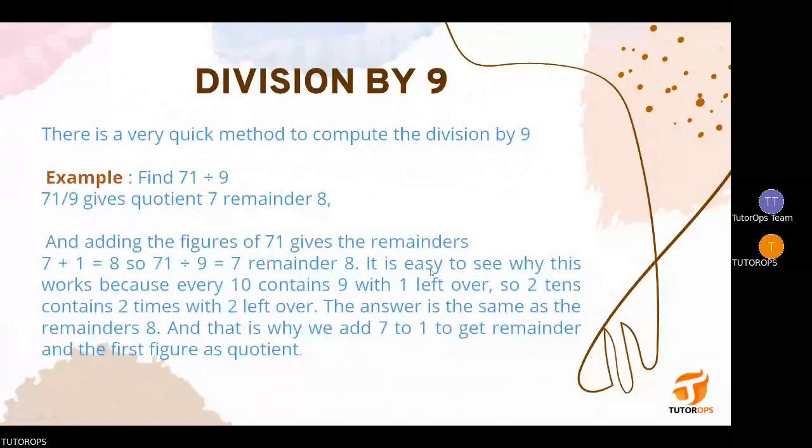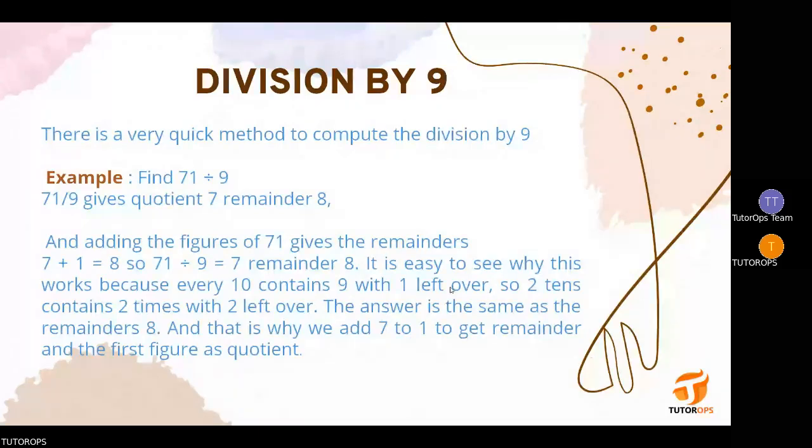It is easy to see why this works, because every 10 contains 9 with 1 left over. That means I am again using the concept of base as I have defined in the subtraction. Here I am taking 10 as the base point and considering 10 as 9 into 1 plus 1.